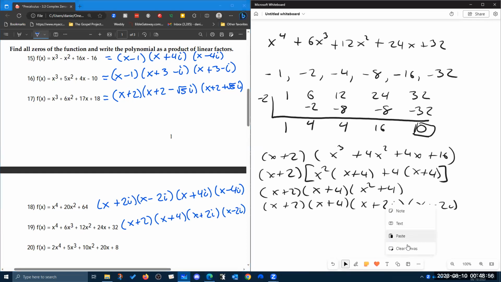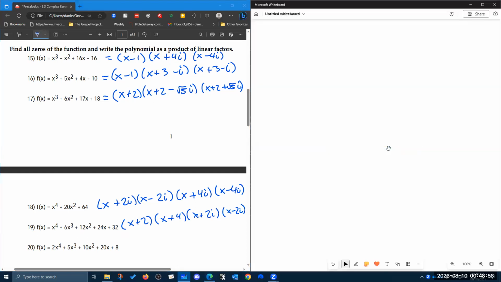2x to the 4th plus 5x to the 3rd plus 10x squared plus 20x plus 8. Again, we see that we're going to have no positive answers here.